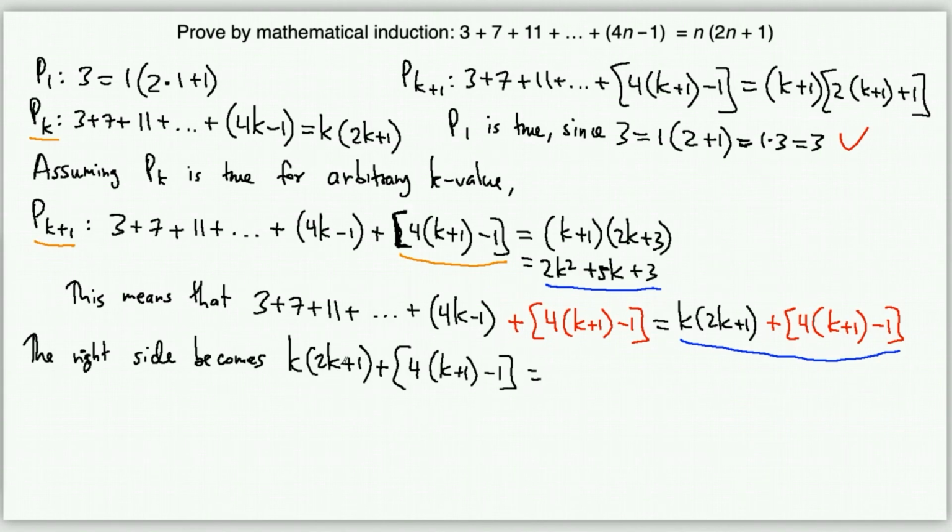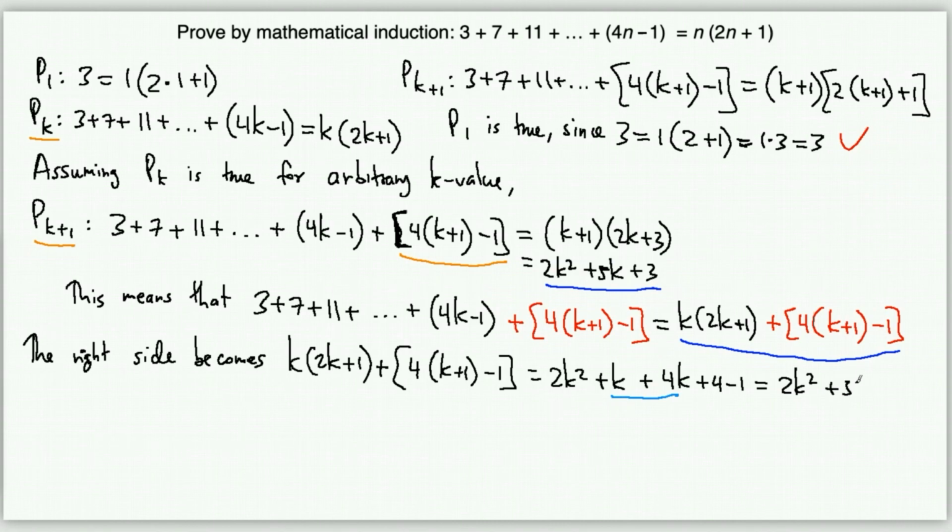This is equal to 2k squared plus k, and then this is equal to 4k plus 4 minus 1. And this is indeed equal to 2k squared plus 5k. The like terms are here. These are like terms.